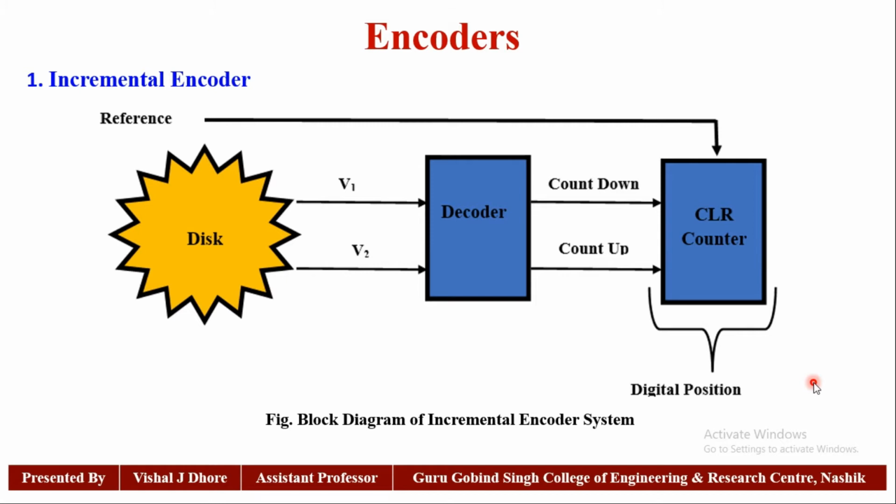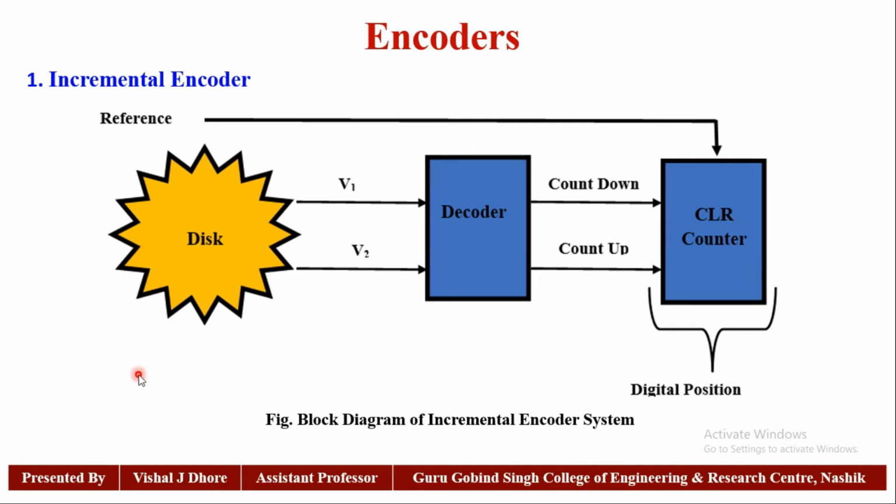The disk is basically opaque, but it has a pattern of windows cut into it. The light from the LED passes through these windows when the disk is rotating. So this is about the incremental encoders.